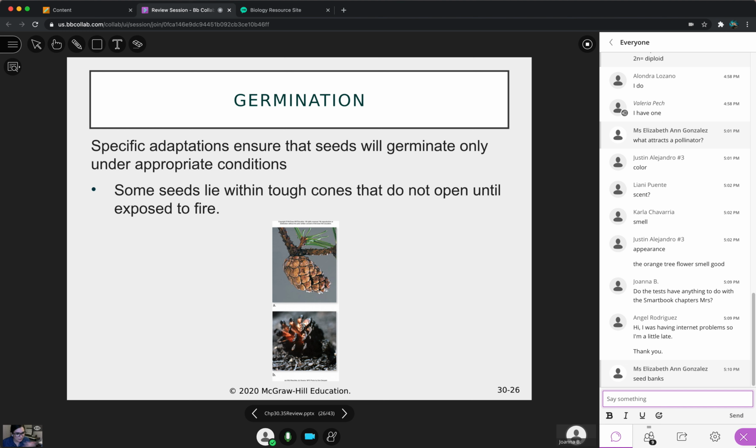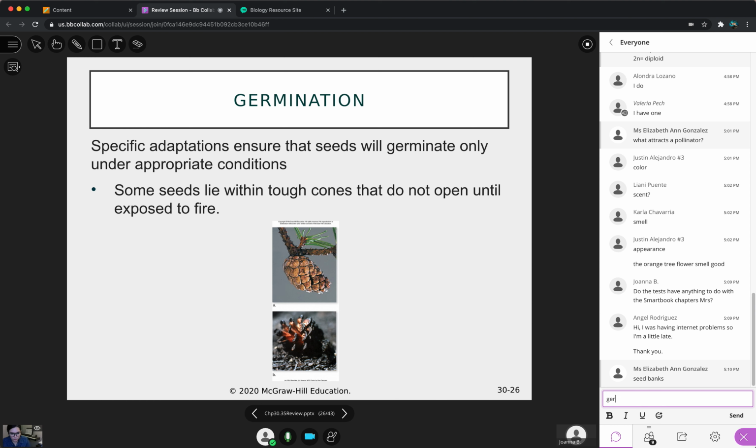Maybe you've heard of other things too, like some people will freeze their eggs or freeze their sperm. It's like the same thing. Some seeds we will just take from plants that we feel are really special. They could be endangered plants, so we harvest their seeds so that we can germinate them and try to repopulate them as best as we can.